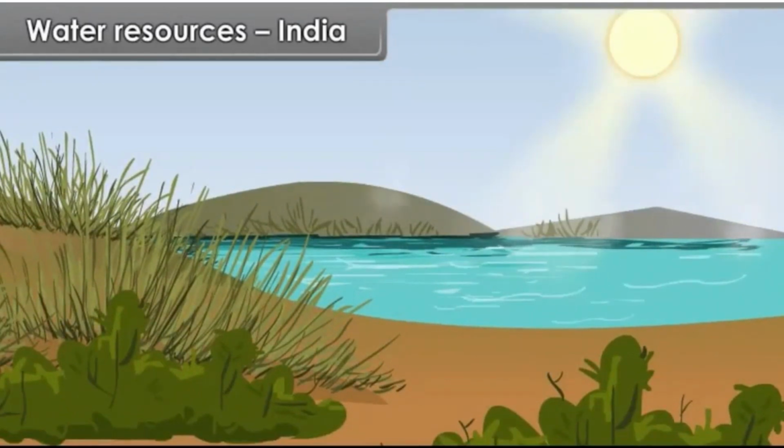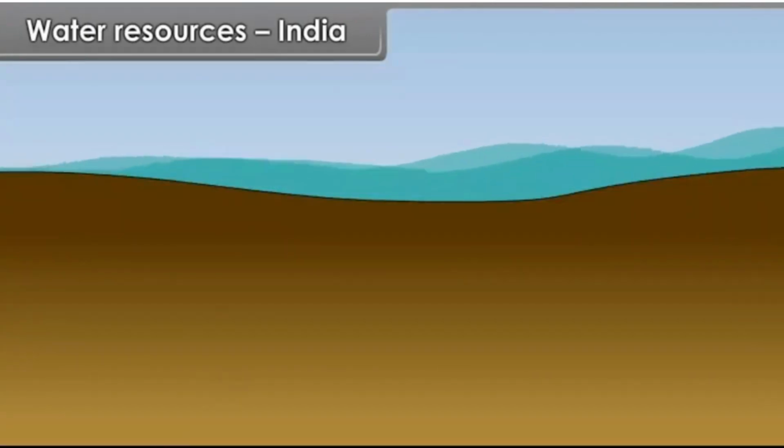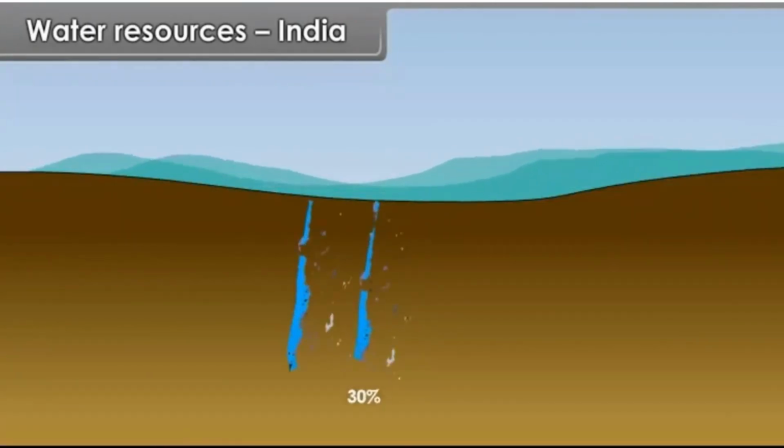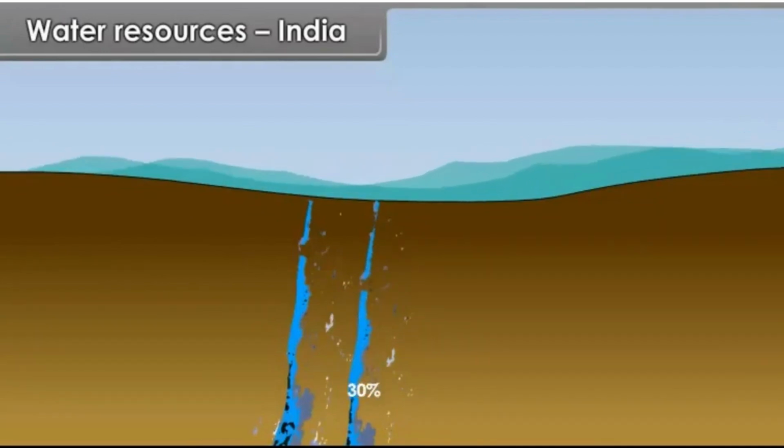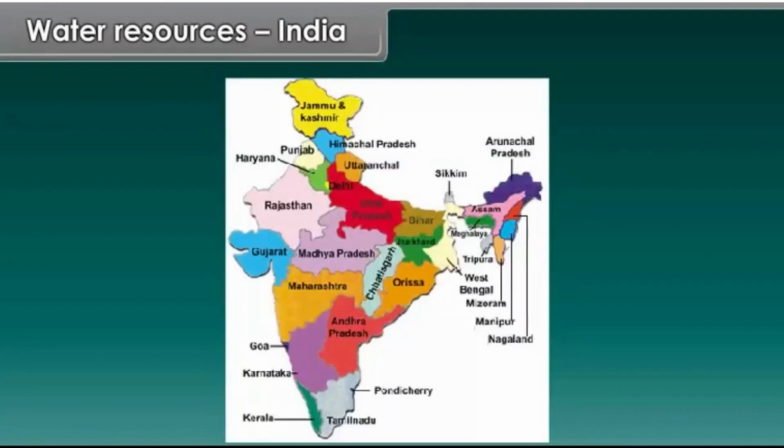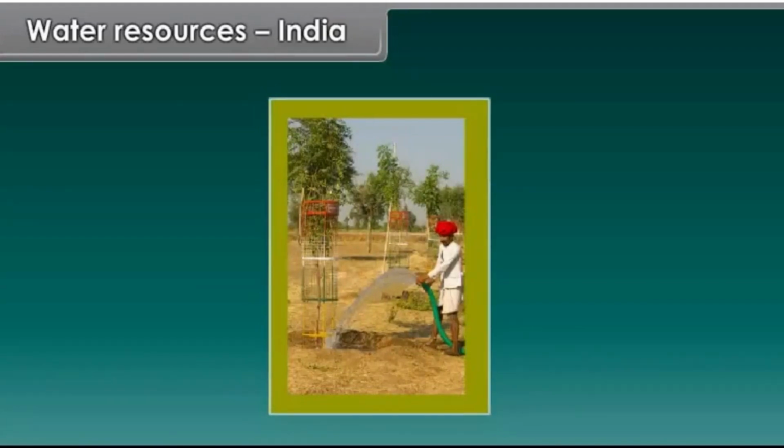About 20% of the rainwater is lost by evaporation, and nearly 30% seeps below the ground. Many parts of India face acute shortage of water, even for domestic use. In India, large volume of water is used for irrigation, as it is necessary to raise crops.